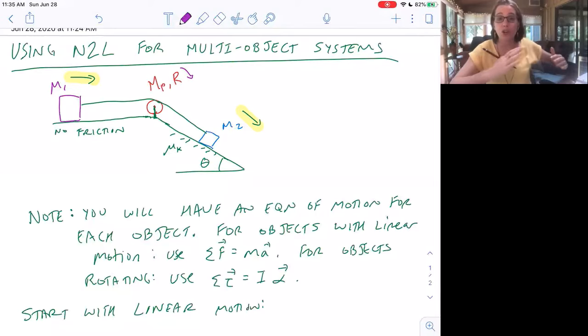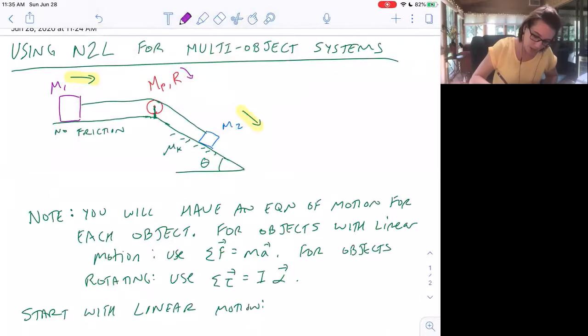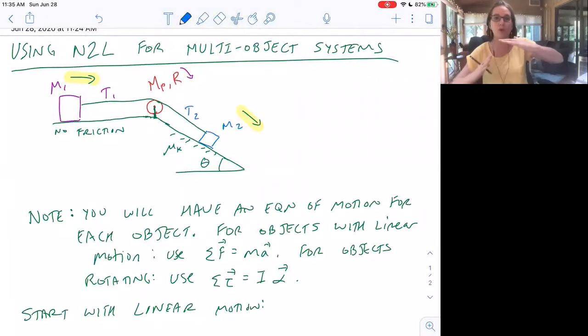That means I'm going to have two different tensions. So I'm going to label this tension up here T1, and then just so we have it for later, the tension in this portion of the rope, I'll label that T2. You have to divide up the tensions in a rope that way. It's no longer just a single tension.